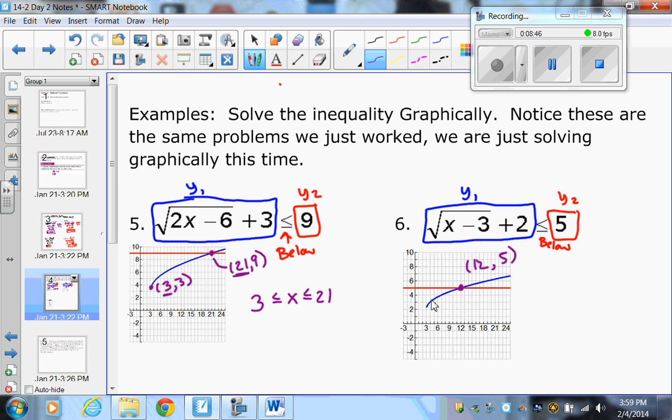And if you look, the blue graph is below the red line, everything to the left again. We need to know where this starts, which in this case is at (3, 2). But again, we're only concerned with the x values. So it starts at 3 and it ends at 12.